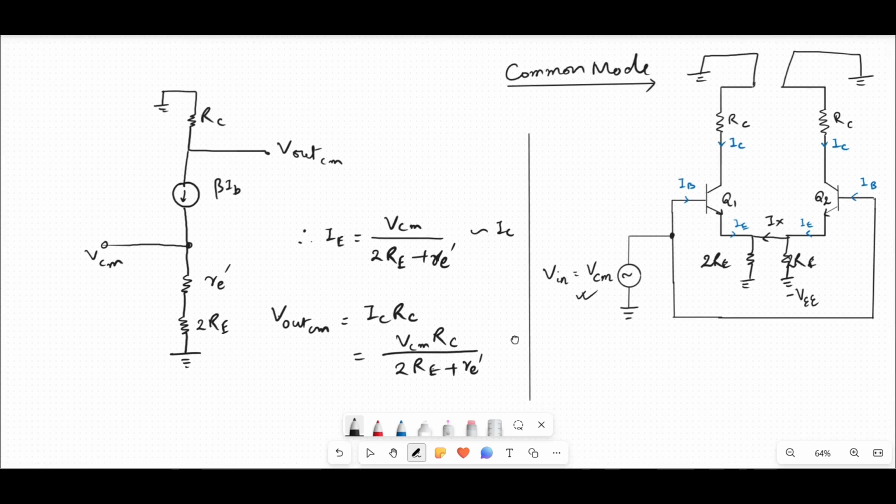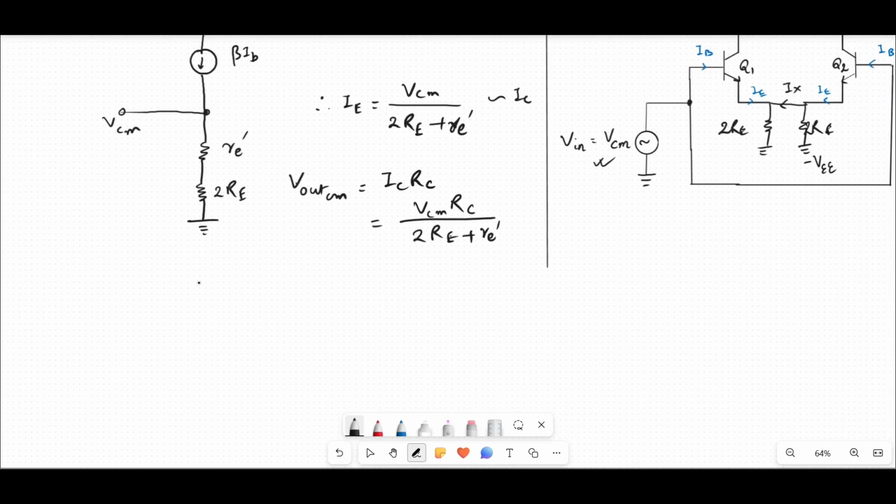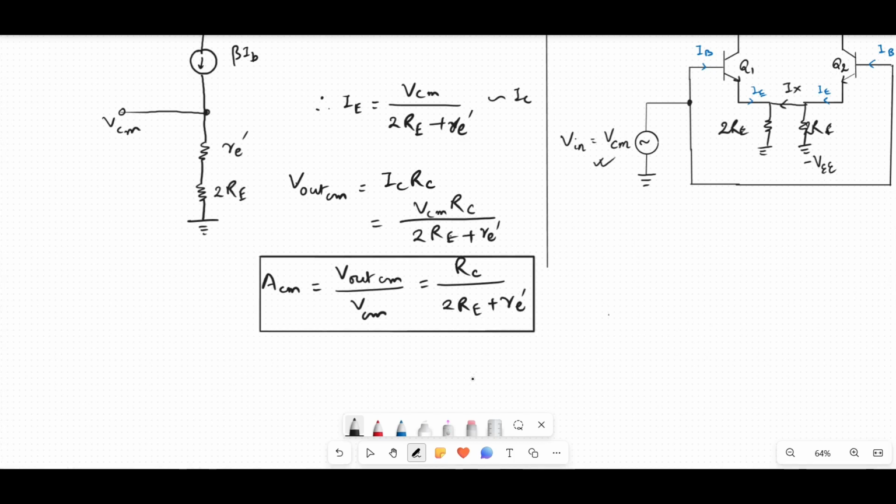So from here we can determine the gain. The common mode gain is V output common mode divided by V input common mode, which is equal to RC by 2RE plus RE dash. So this is the common mode gain.